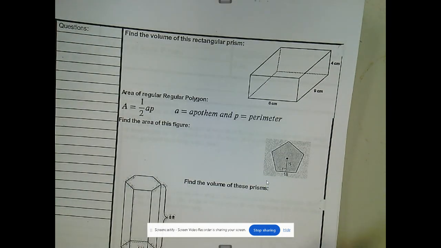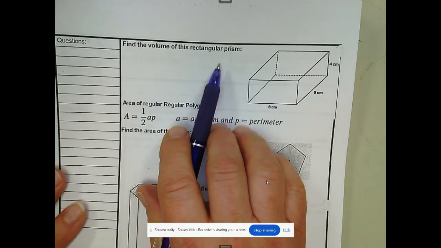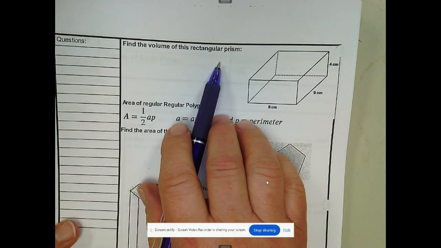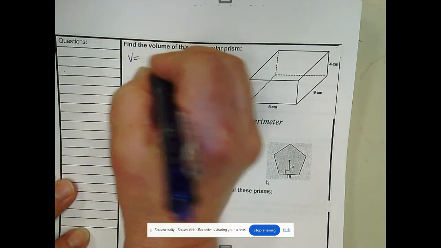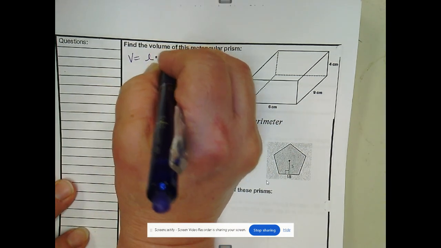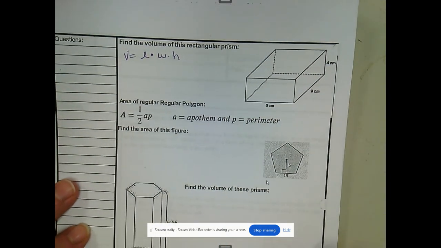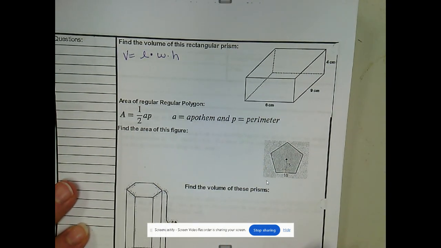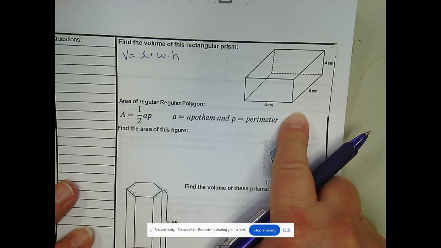Okay, if we've got a box, it's called a rectangular prism. And this is probably the easiest one to find because your volume will simply be length times width times height. You've got three numbers. All you're going to do is multiply them together. Does it matter which we call the length and the width and the height? No, because I can turn that box around and it still has the same numbers.